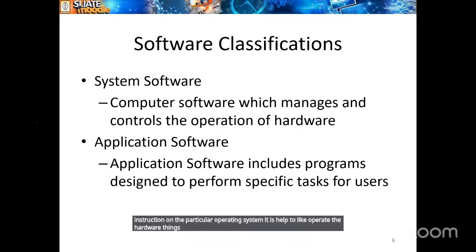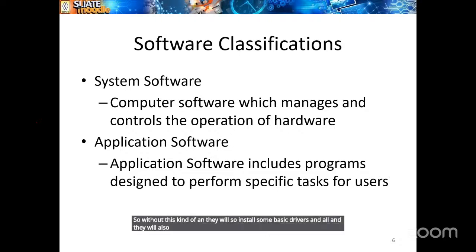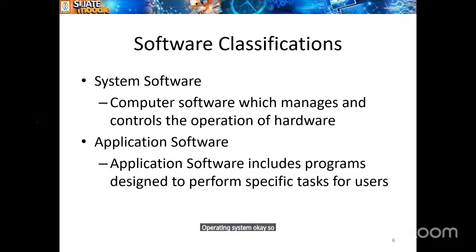They also install some basic drivers and put in instructions to execute our hardware. Okay. So that software we cannot uninstall. It is already embedded in our operating system. Okay. So that kind of software is called system software.